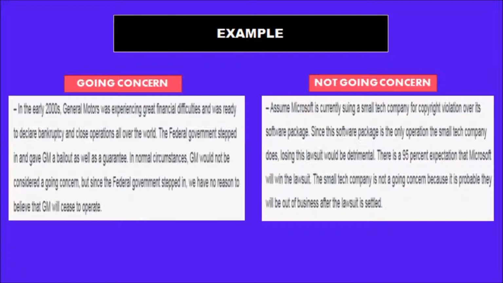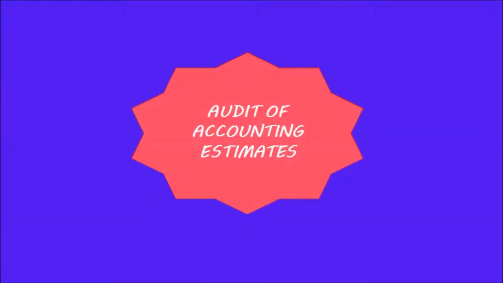There is a 95% expectation that Microsoft will win the lawsuit. The small tech company is not a going concern because it is probable they will be out of business after the lawsuit is settled. So, we move on to audit of accounting estimates.